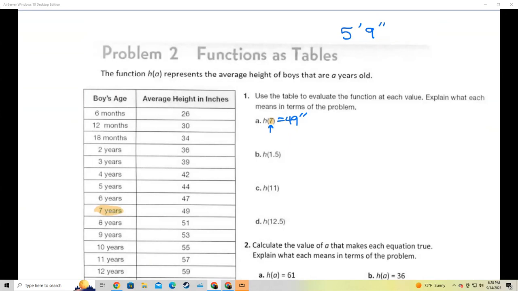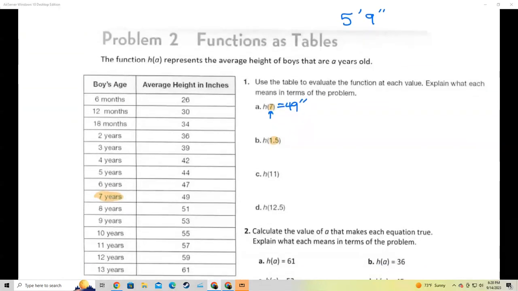All right, the next one is a little bit confusing because they said that h is 1.5. Okay, well, I know that 1.5 must be the number of years because that's my input. I look at my table for 1.5 and I don't see it. But we've got to be kind of creative because I know that 1 would mean 1 year, and 1 year is the same thing as 12 months. 1.5 years would be 12 months and then 6 more months on top of that to make half a year.